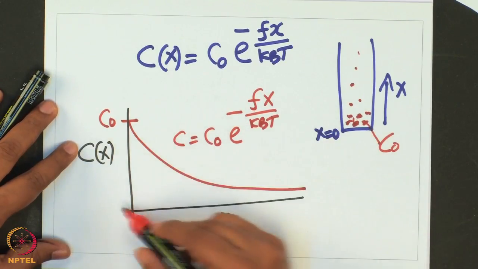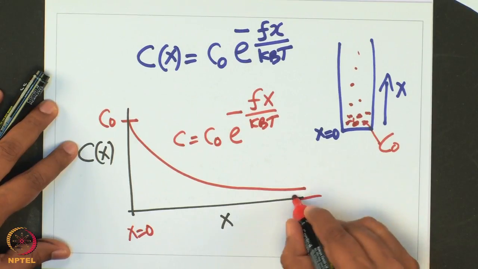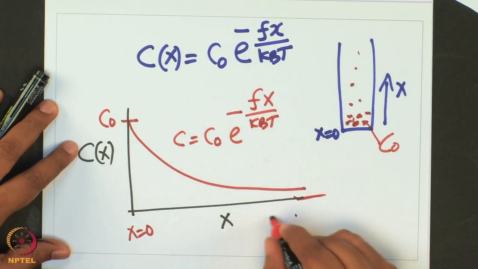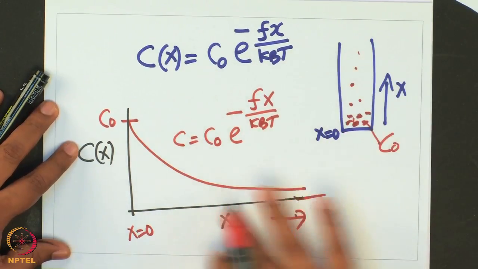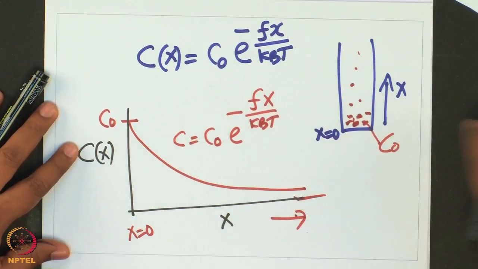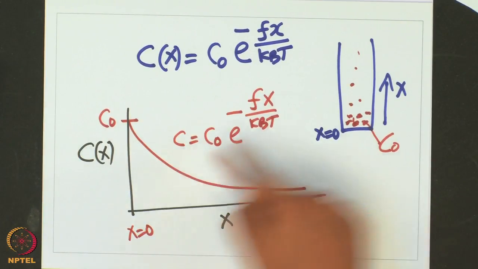That means high concentration at the bottom, x equal to 0, and very low concentration as you go along x upward. So this can be shown from statistical thermodynamic arguments that the concentration profile will have this.